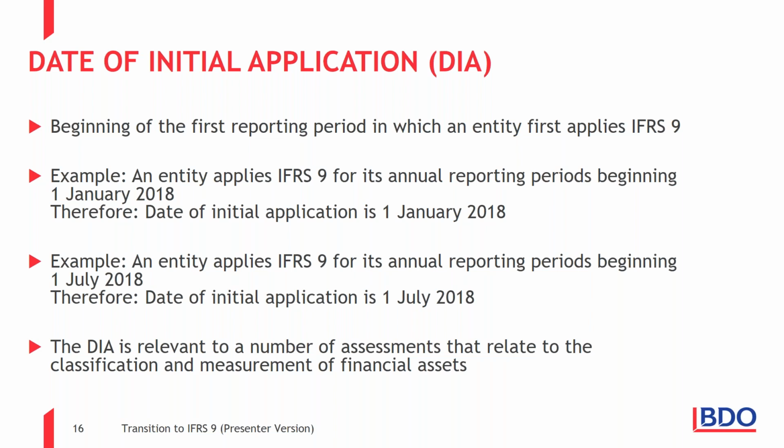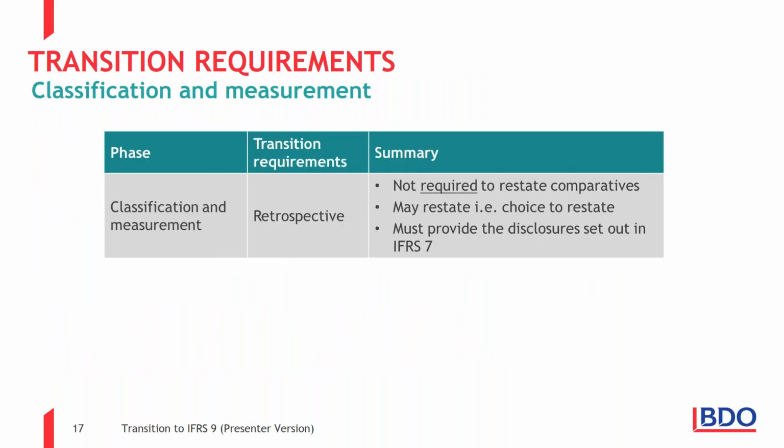Now, this date of initial application is relevant to a number of assessments that relate to the classification and the measurement of financial assets. So it's important to understand this definition. If we look at the transition requirements around classification and measurement, the transition requirements have to be applied retrospectively.